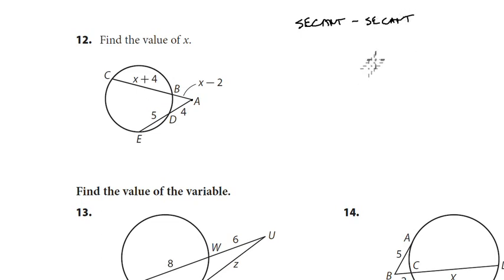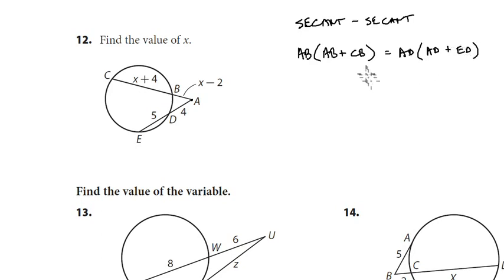In your flip book, you're going to have something like this. When we have two secants, we know this is going to be true: AB times AB plus CB, so this segment here that's outside the circle times the whole segment, must be equal to AD times AD plus ED.